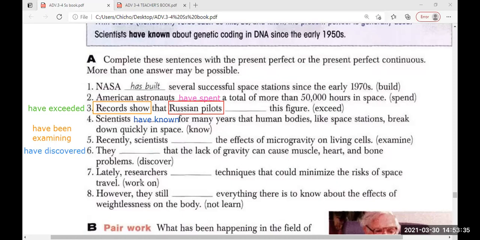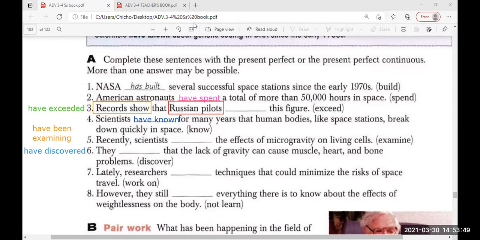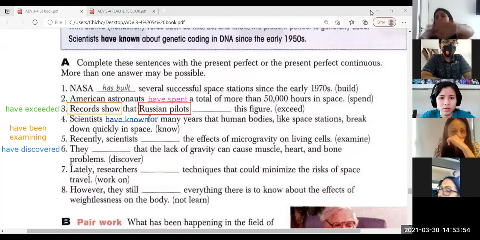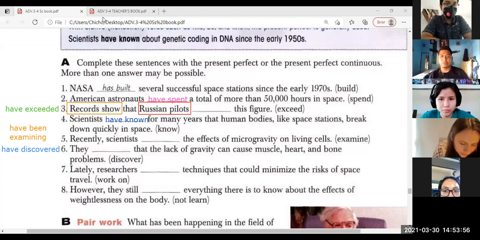Okay. Lately, researchers, again, continuous or perfect simple? What did you choose here? Present perfect simple or present perfect continuous? Present perfect continuous, teacher. Why continuous?